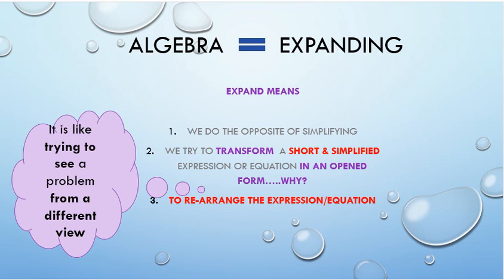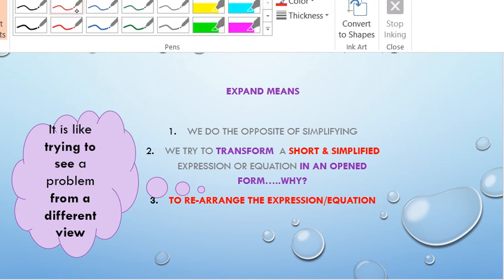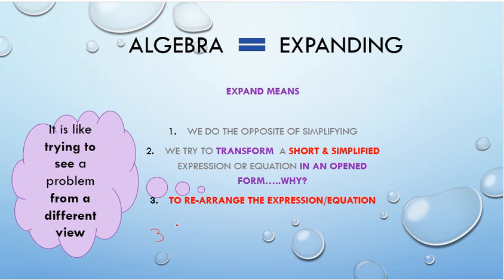For example, expanding is this. If you have something like this, expanding is to open it up and write this. So here we see there is a factor outside of the brackets, and here there are no brackets.